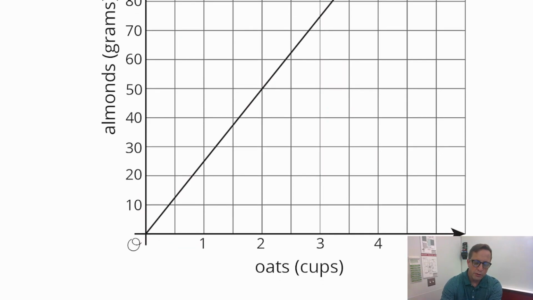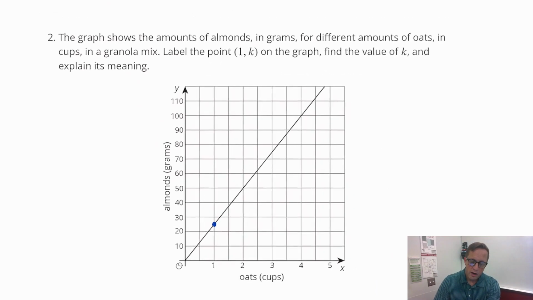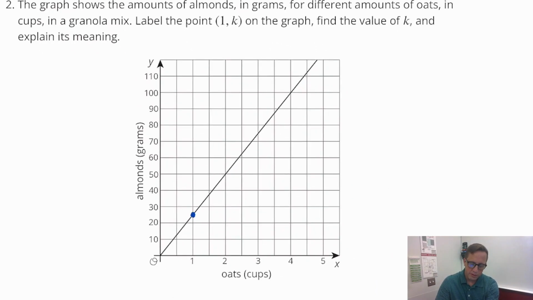I'm going to find 1 on the x-axis and follow that up until I meet this line. Right there is where it should be. That's a good location for your constant of proportionality, also your unit rate. Find the value of K and explain its meaning.